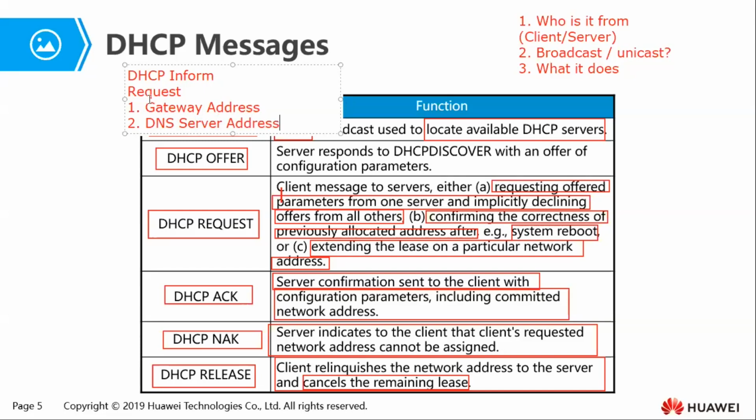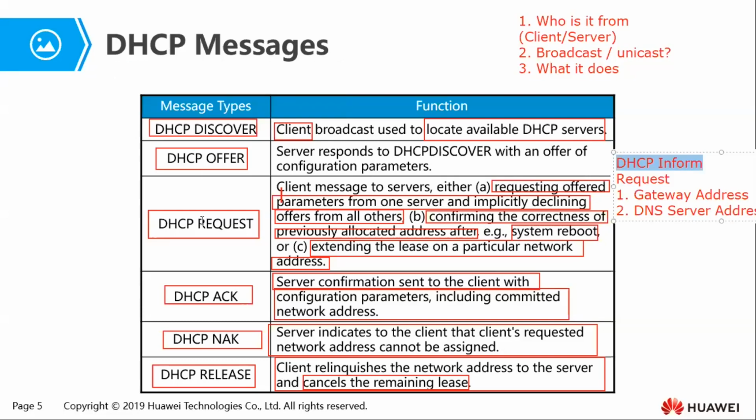Then you send out a DHCP inform. This should be a unicast that is sent directly from the client to that particular server that has issued you with that IP address. So in total, how many DHCP messages? 1, 2, 3, 4, 5, 6, 7. So you must understand each one of them.